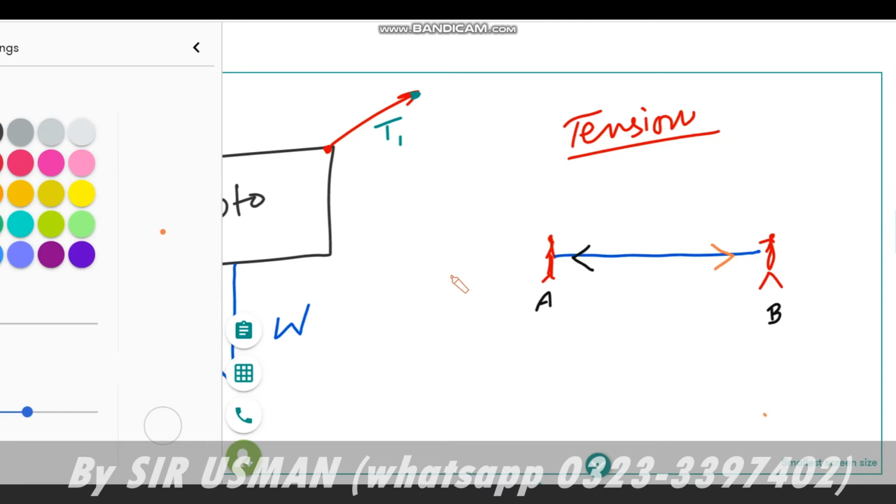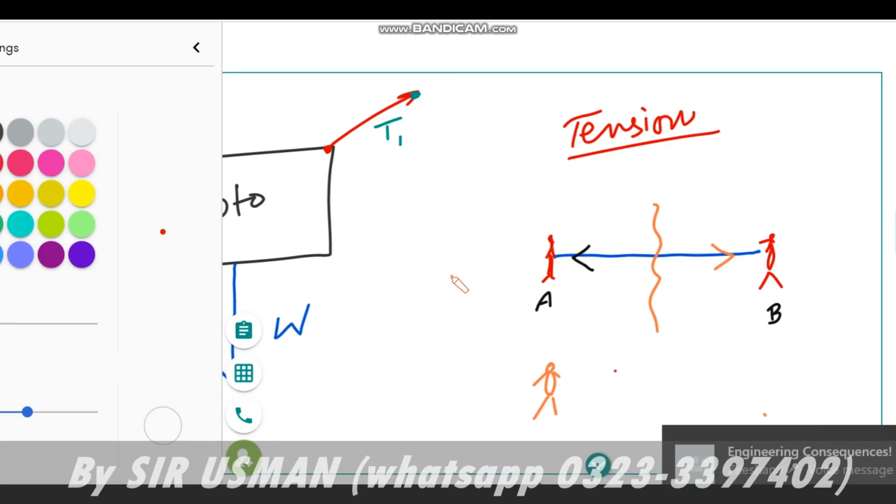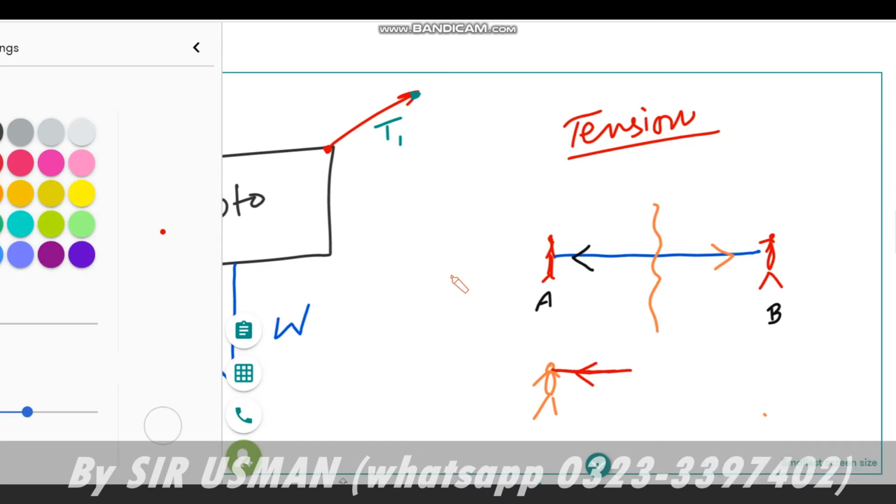So if I just detach the person, let's say this is person A, so for person A the tension is in this direction, right? It is holding towards the object, and for person B, it is going away from the object. It will be like this.